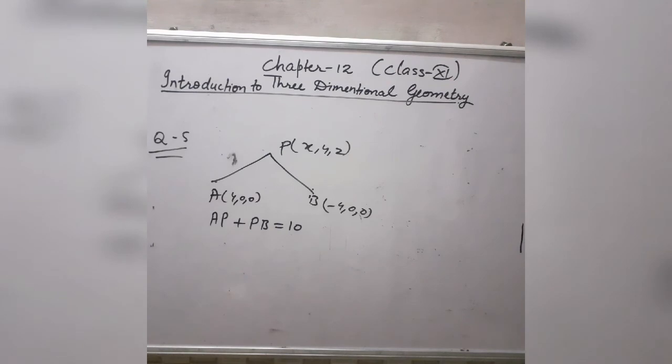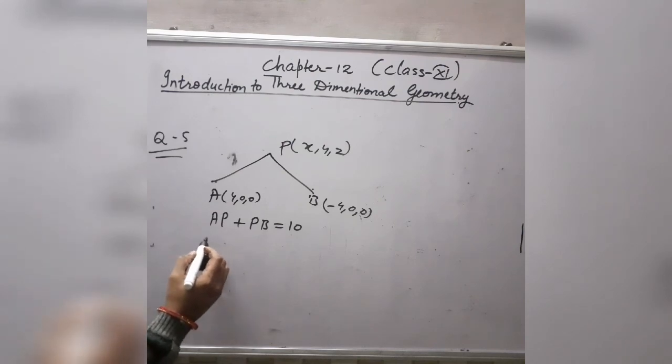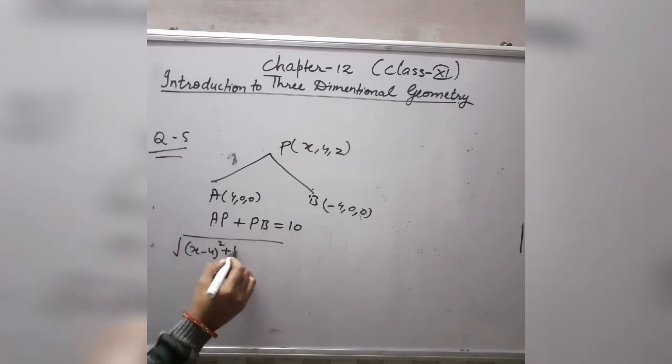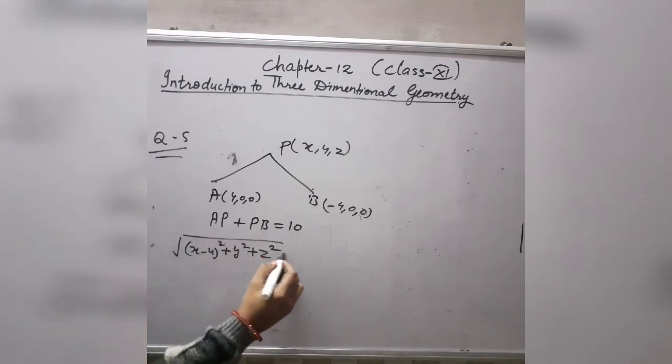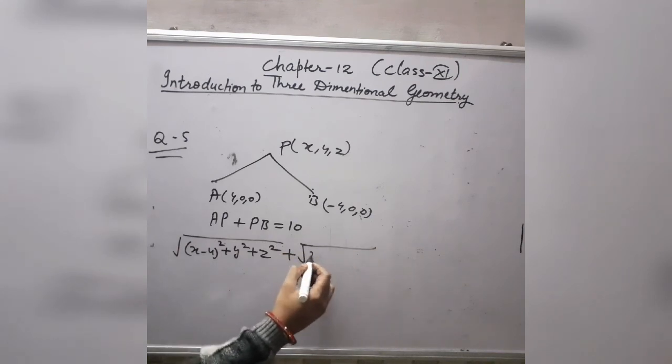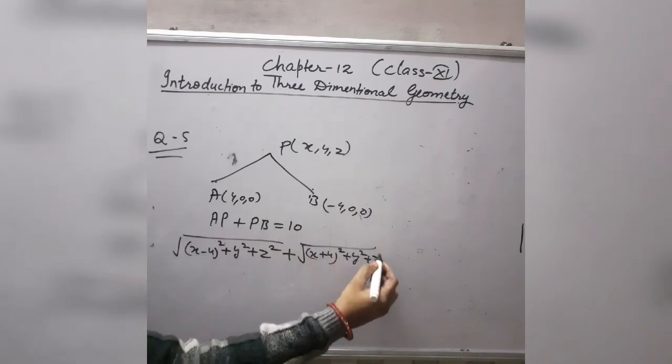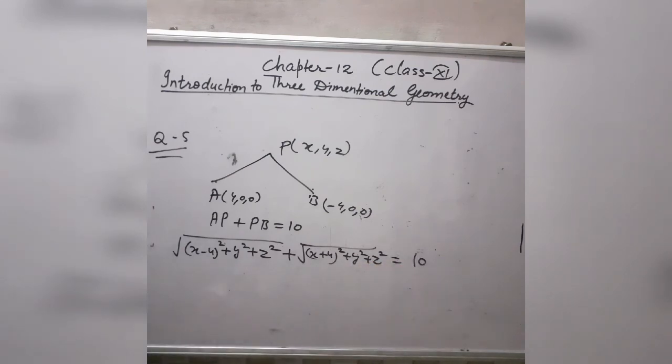Find the equation of the set of points of P. Now AP distance is equal to root of (x minus 4) whole square plus y square plus z square, plus PB distance is equal to root of (x plus 4) whole square plus y square plus z square, this is equal to 10. So here firstly you will shift the one term containing root to the other side.